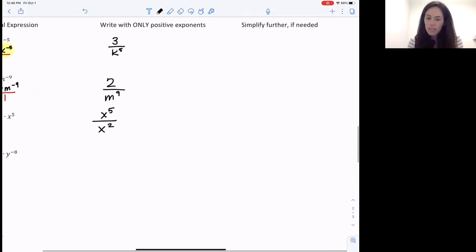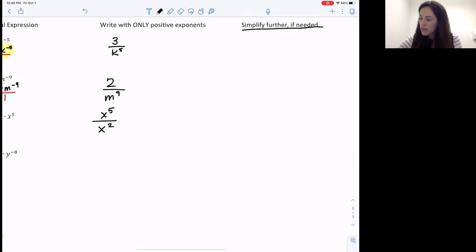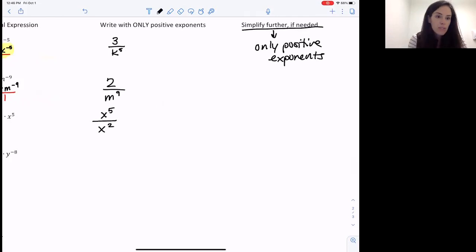Okay, then it says simplify further if needed. Now, when we say simplify further if needed, we want my final answers to have only positive exponents. So we've gotten rid of negative exponents. We're not going to go back and have a final answer with negative exponents. I only want positive exponents.